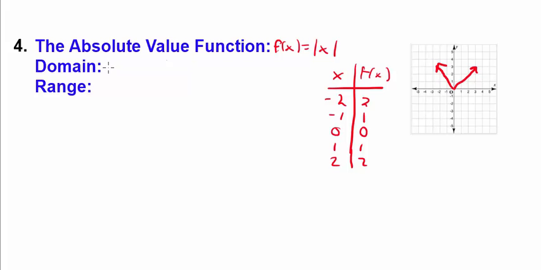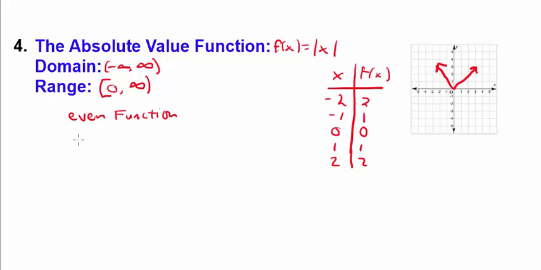So, domain. Likewise with the parabola, there are similar characteristics here. It's going to be -infinity to infinity. And the range, likewise with the parabola, will be from 0 to infinity. You'll notice this is also an even function.